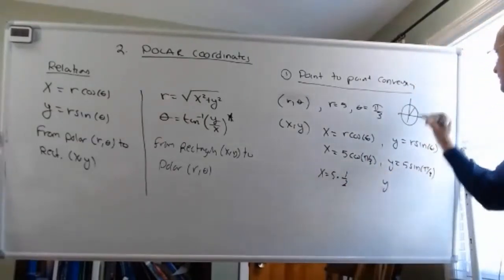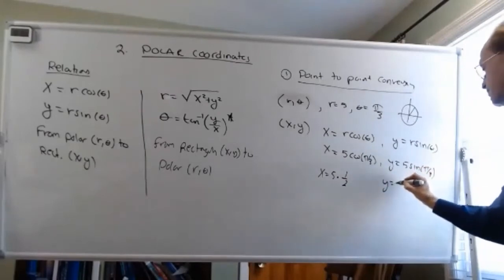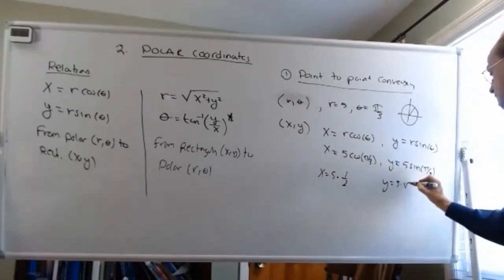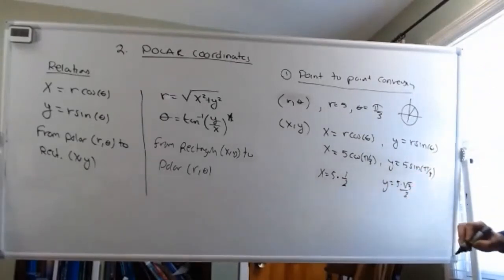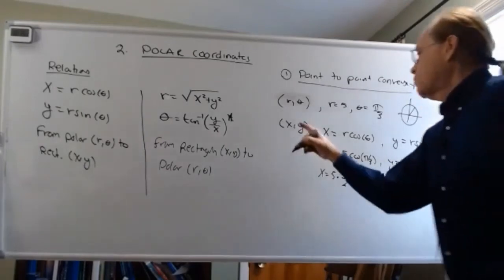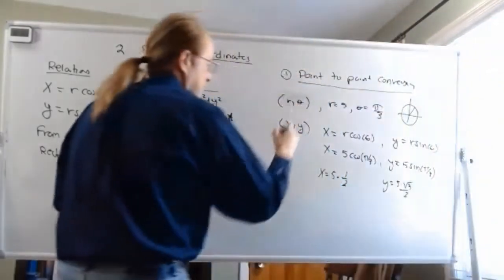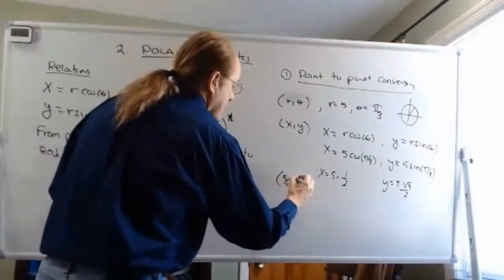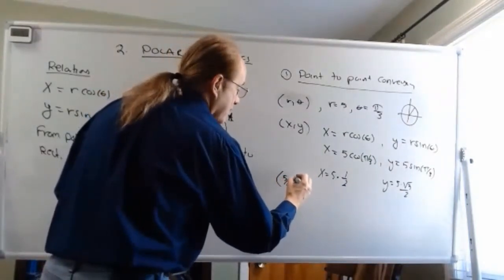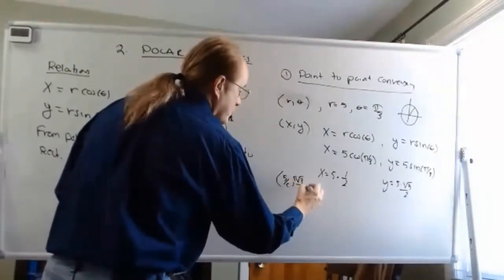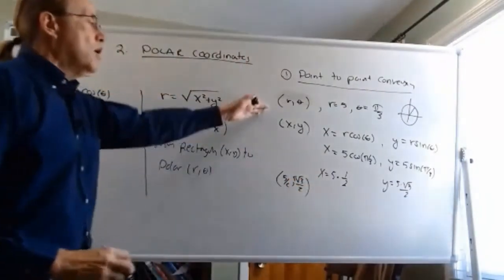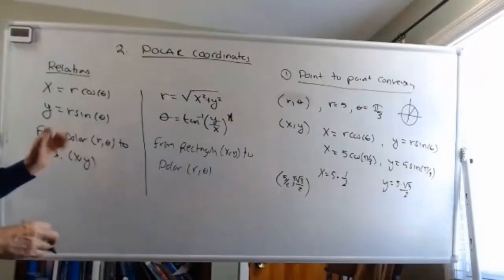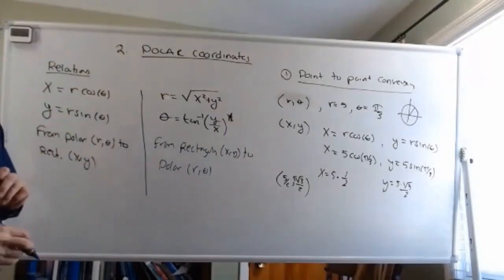And for the y, that's the square root of 3 over 2, so it's equal to 5 times square root of 3 over 2. So my x y coordinate that's associated with that r theta is now 5/2 comma 5 square root of 3 over 2. So I changed from r theta to x y. Very simple.